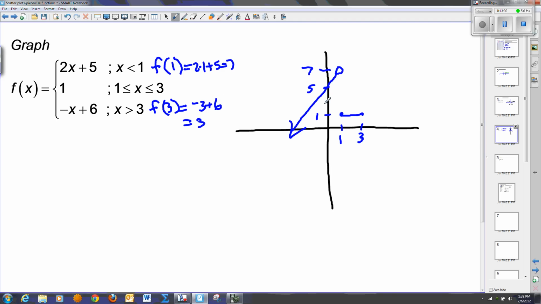So again, I go up to 3 and 3, and I'm going to put an open circle at 3, 3. Then I'm going to do a slope of -1. So I go down 1 over 1, put a dot, and draw a line. So there's that piecewise graph.